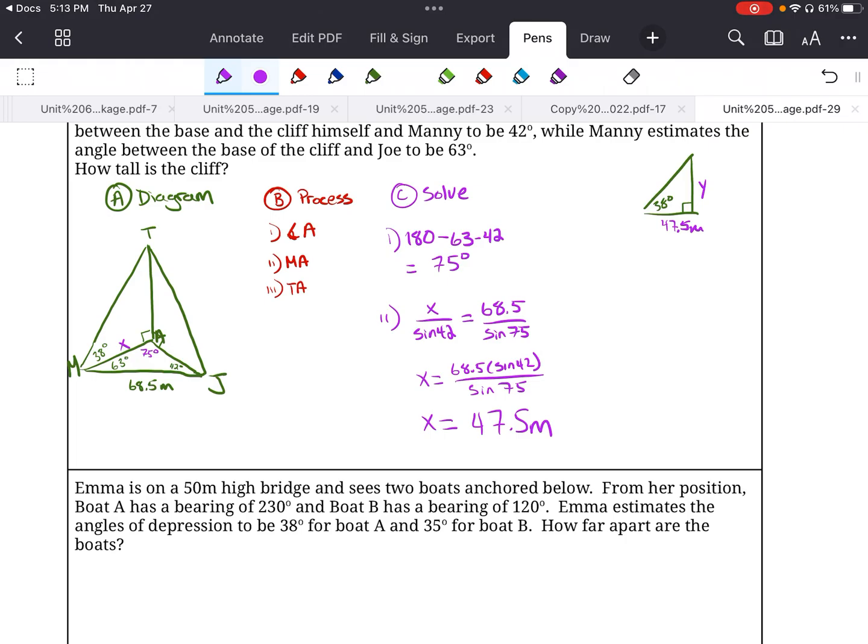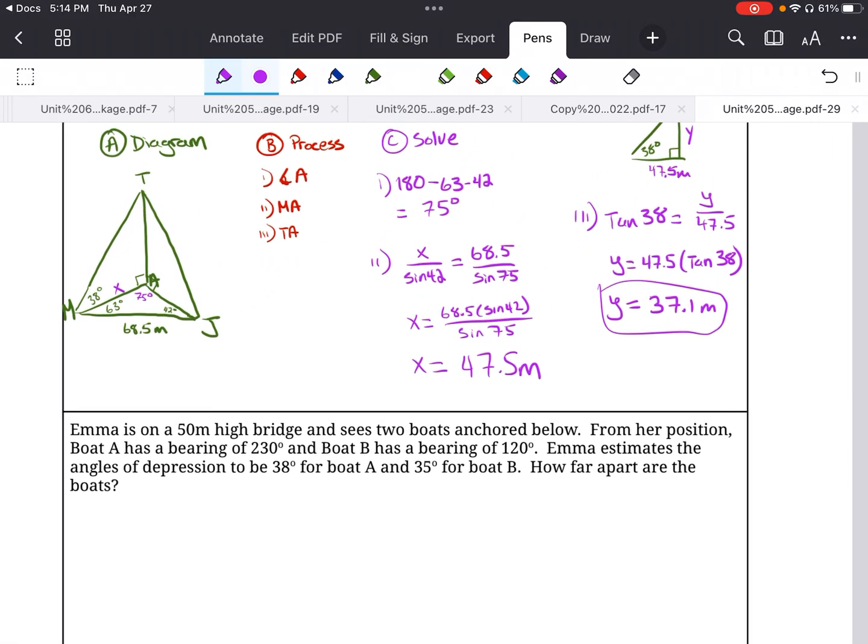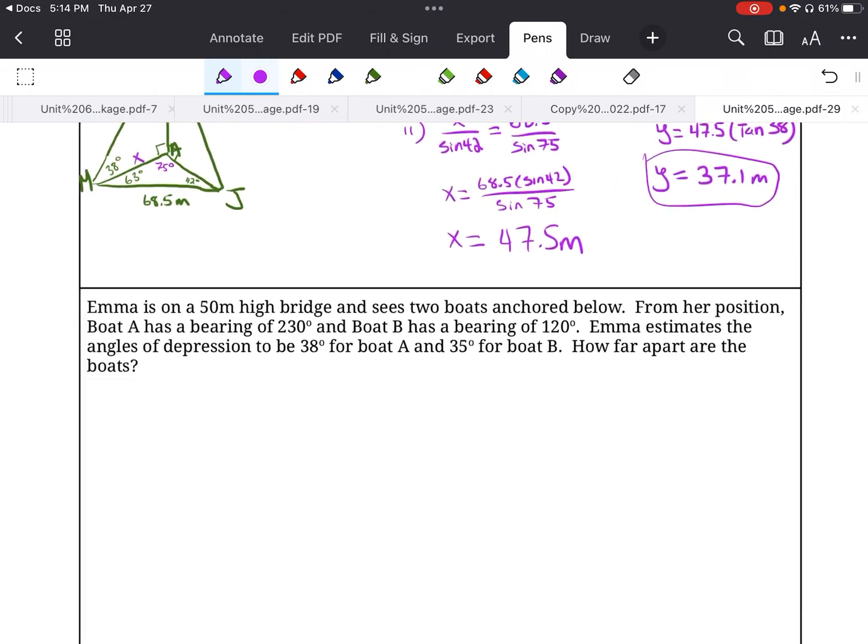Okay, so opposite and adjacent, we're using tan, so tan 38, this is step 3, equals opposite over adjacent, variables on top, so we multiply 47.5 times tan 38, and the height of the cliff is 37 meters tall. I'm going to make it 37.1 meters tall.